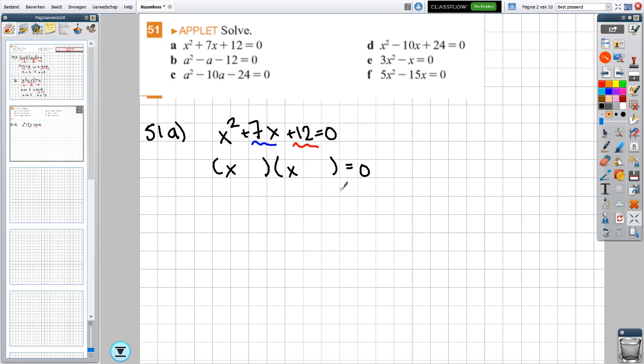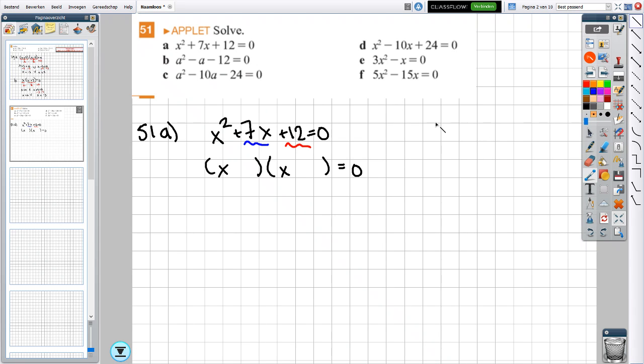And if we can write it in a form like this, then we have something times something is 0, and then I can use my product is 0 rule again. So which numbers are added 7 and multiplied 12? If you find this difficult, I will remember how you could do that one final time.